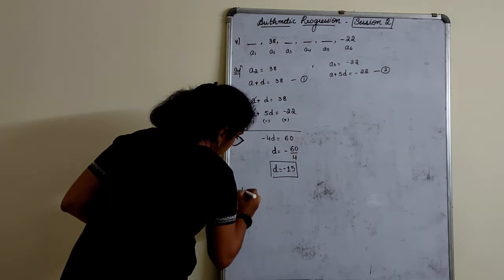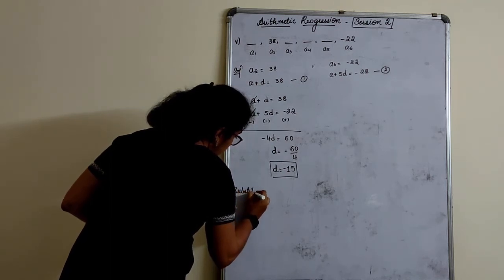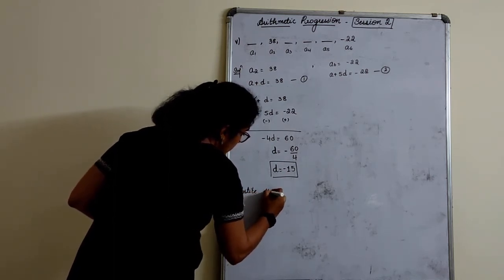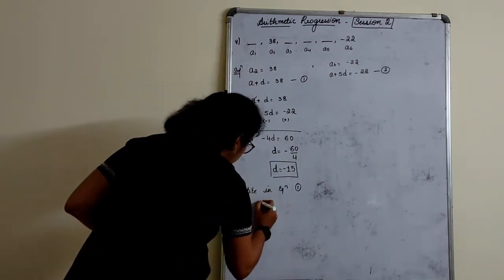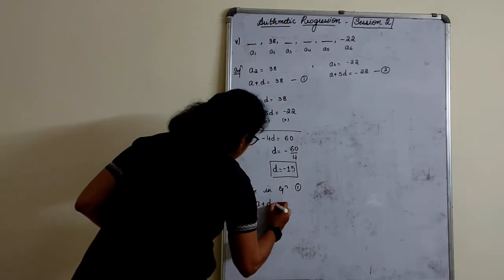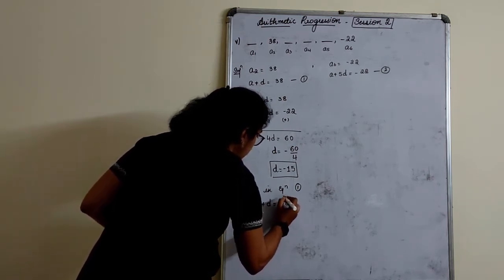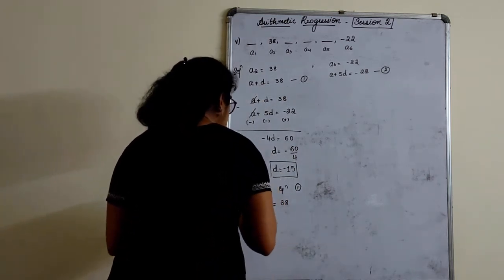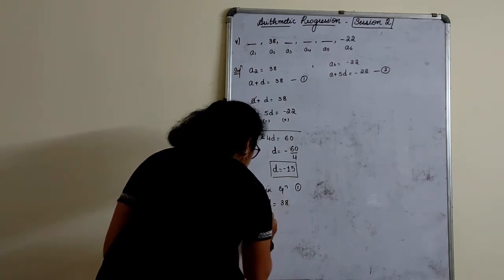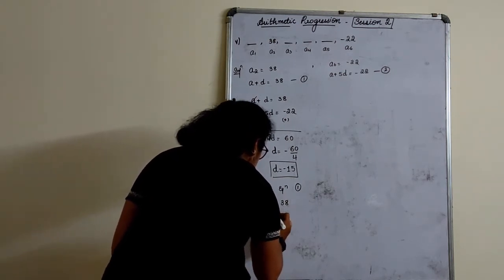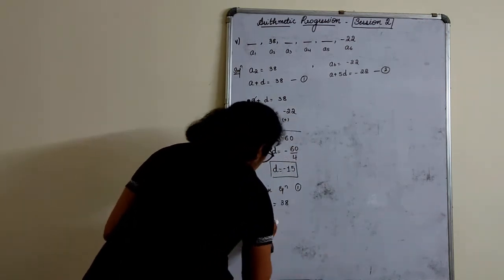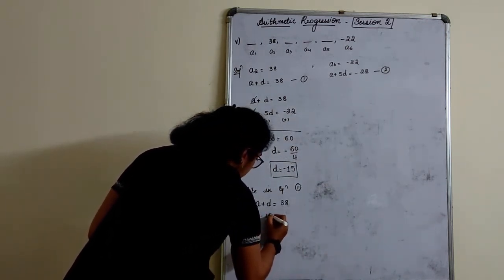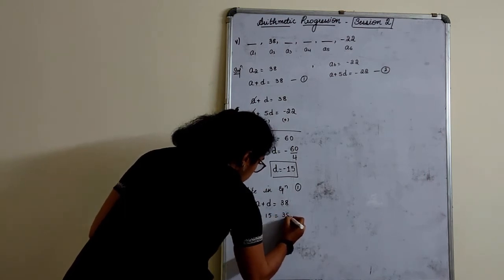Substitute in equation 1. What is equation 1? A plus D is equal to 38. So A is here, minus 15 plus, D value, right? A minus 15 is equal to 38.